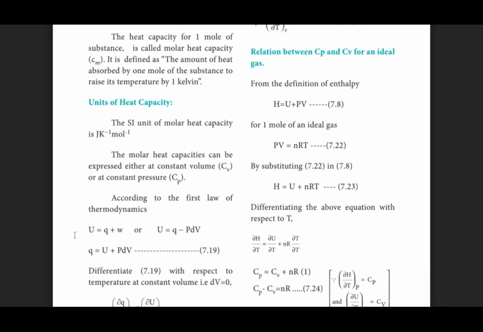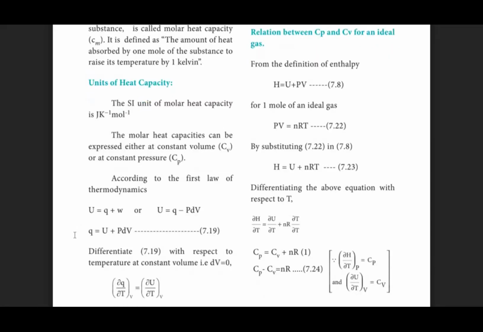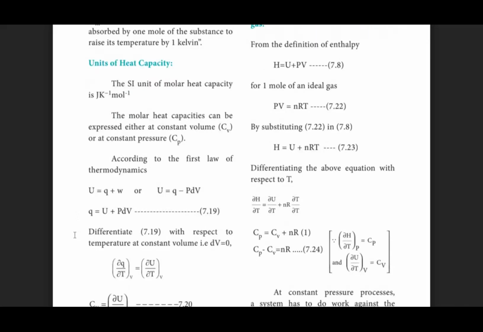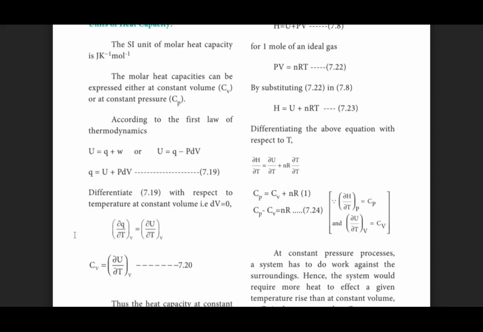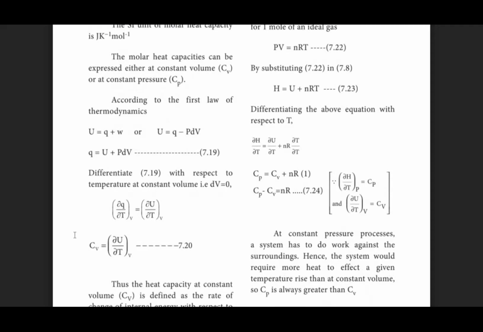According to the first law of thermodynamics, delta U is equal to Q plus W, or delta U is equal to Q minus P delta V, and Q is equal to delta U plus P delta V. Differentiate with respect to temperature at constant volume, that is dV is equal to 0, then you will get dou Q by dou T at constant volume is equal to dou U by dou T at constant volume. Therefore, Cv is equal to dou U by dou T at constant volume.